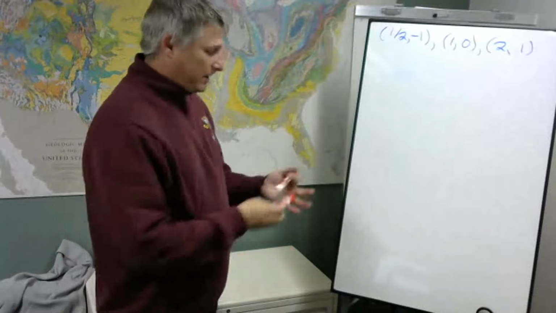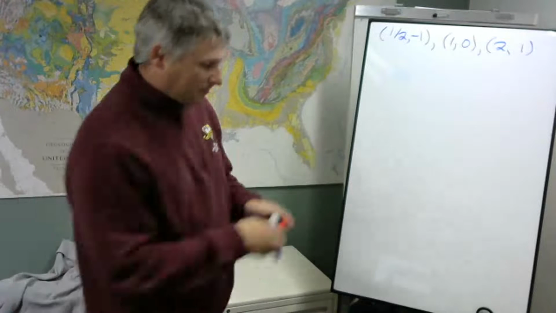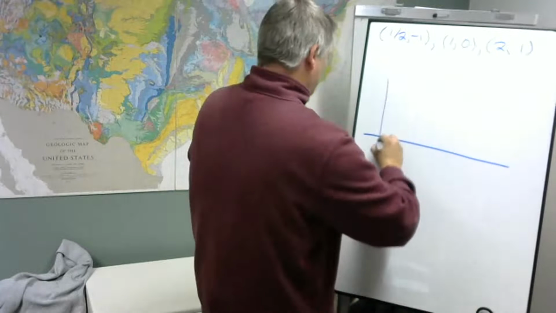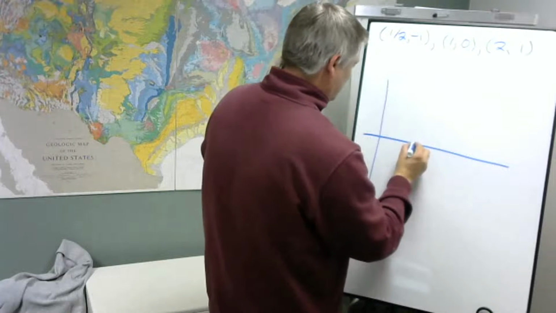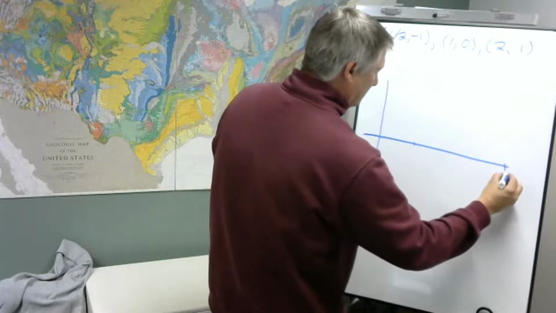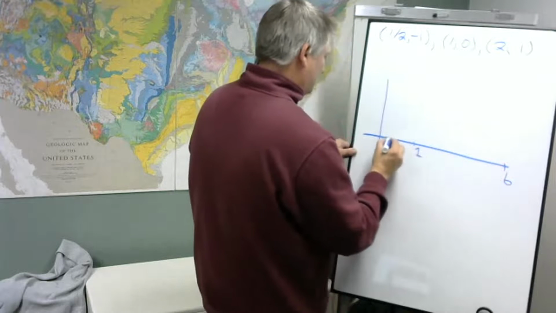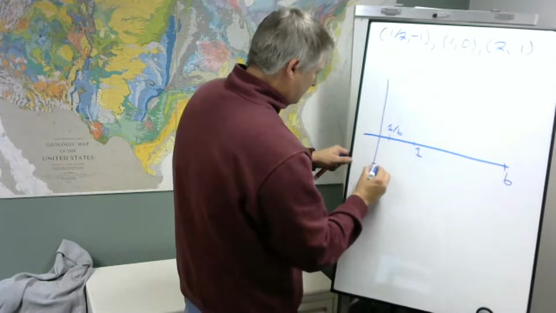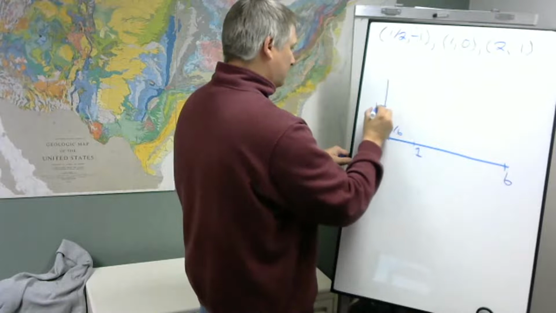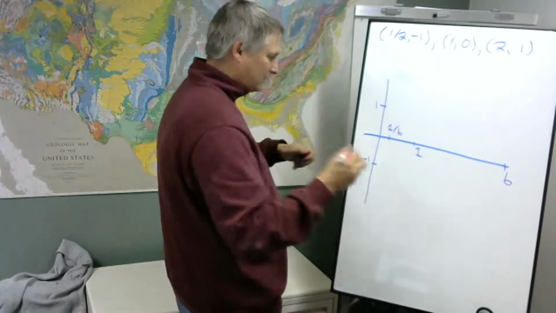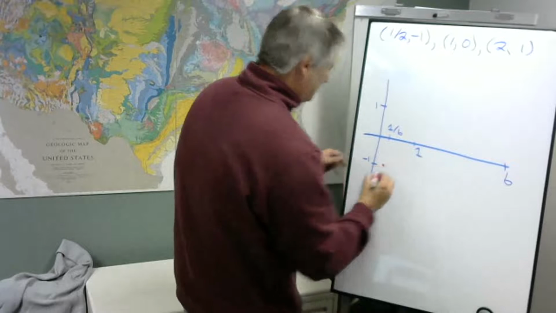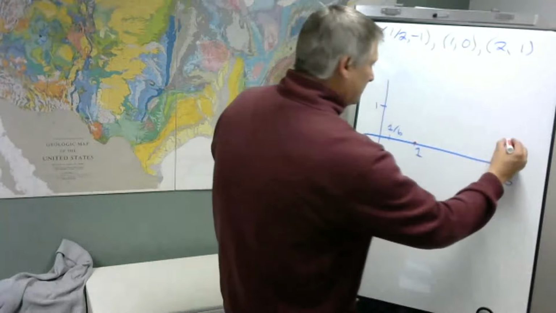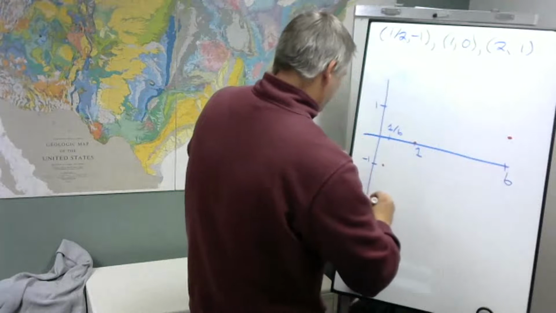for b greater than 1, we have -1, 1 over b, 1 and 0, and b and 1.